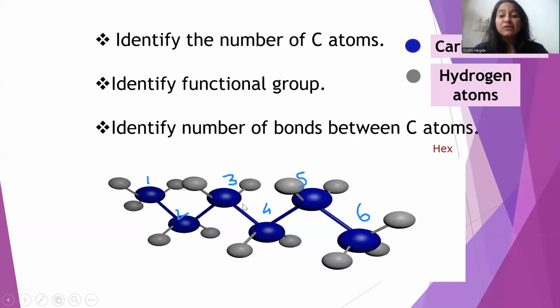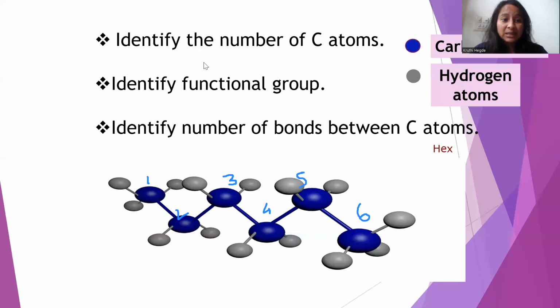Then identify the number of bonds between carbon atoms. Between the carbon atoms, here one bond, here one bond, here one bond, here one bond, here one bond. Between carbon atoms there is always a single bond. If there is a single bond, what is it called?